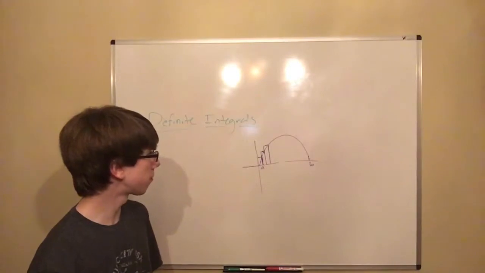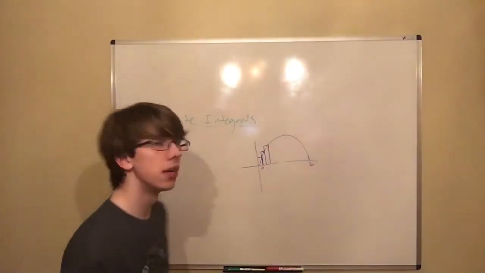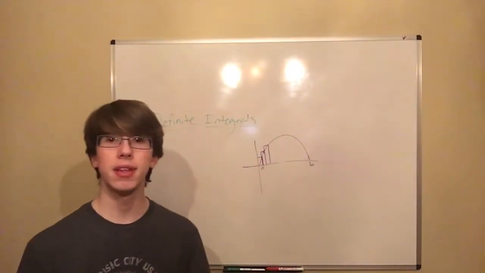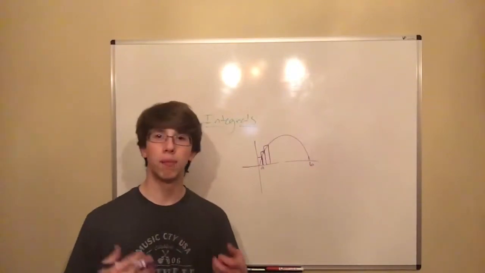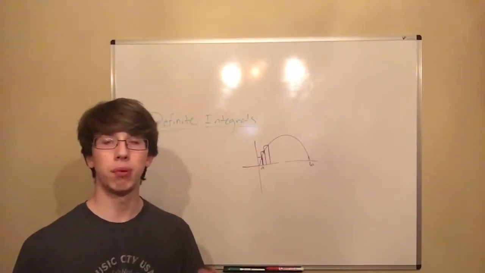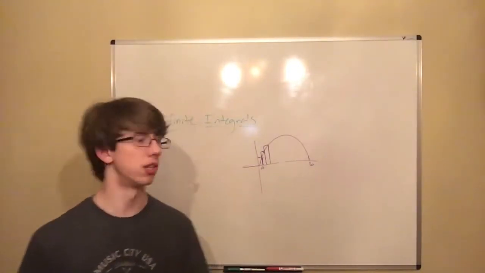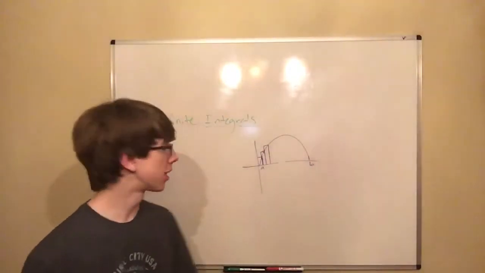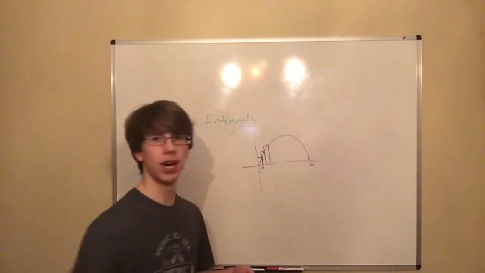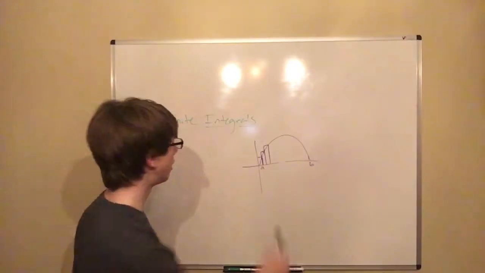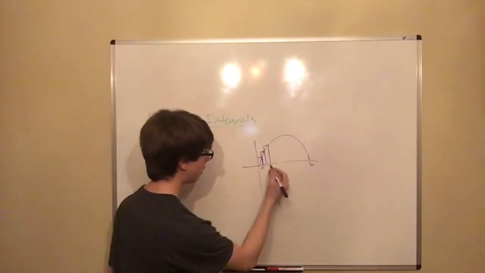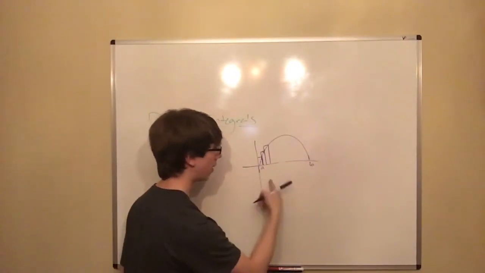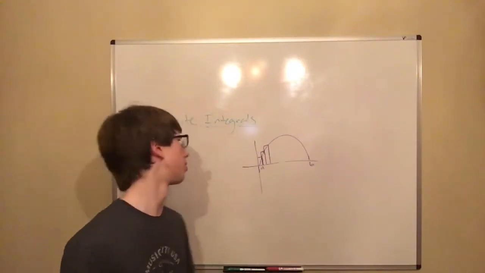So basically, the more rectangles you have, the closer your approximation is to the actual answer. So basically, we add up the areas of all these rectangles. So say we have n rectangles.